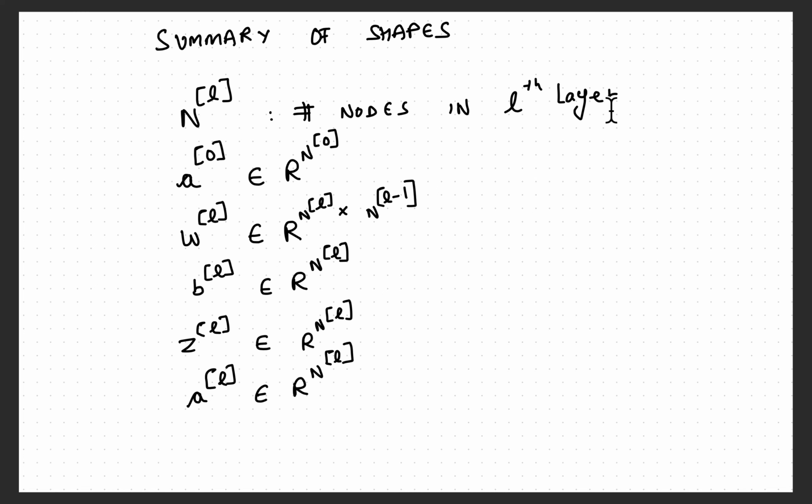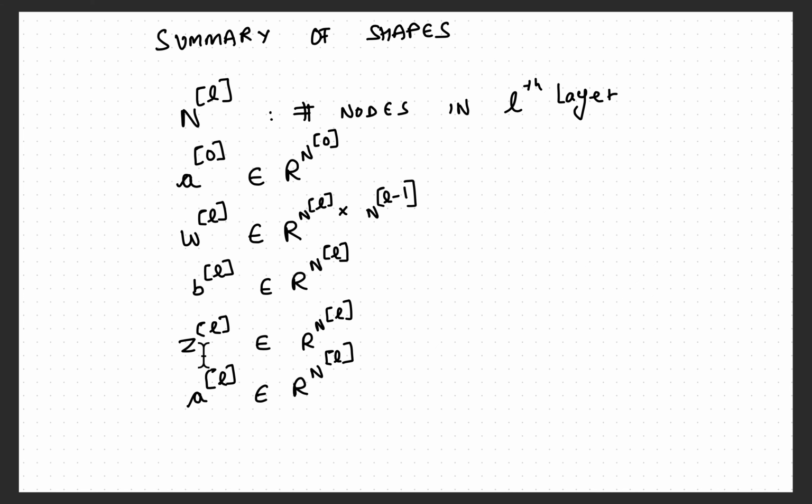The first layer is the input layer, the 0th layer, and that can be written as a square bracket 0, which is an N0 shaped vector. We have the weight matrix associated with the Lth layer as capital W square bracket L, which is of the shape NL times NL minus 1. So number of neurons in the Lth layer times the number of neurons in the previous layer. The bias for the Lth layer is just the number of neurons in the Lth layer.